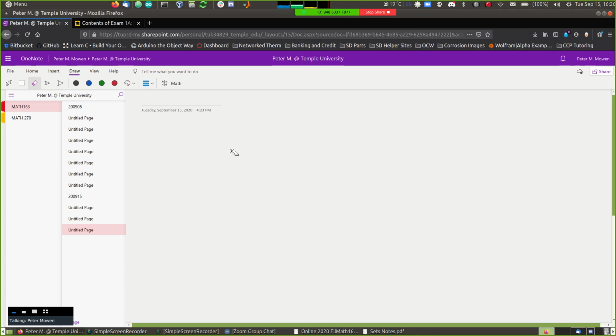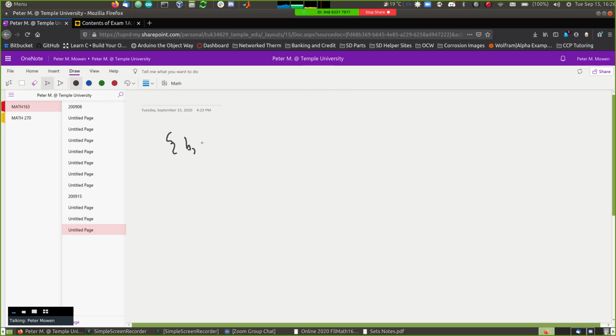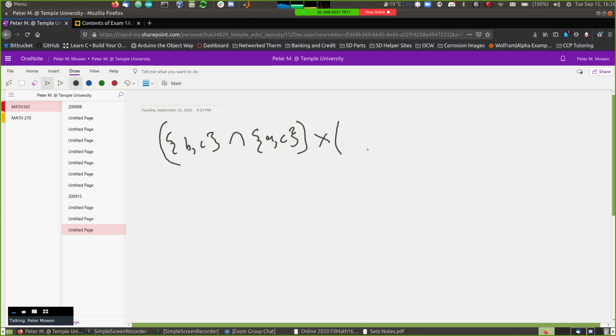So this was B comma C intersect A comma C, and then all of that crossed, or the Cartesian product with itself.